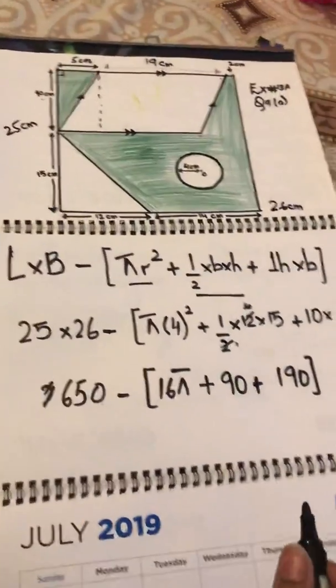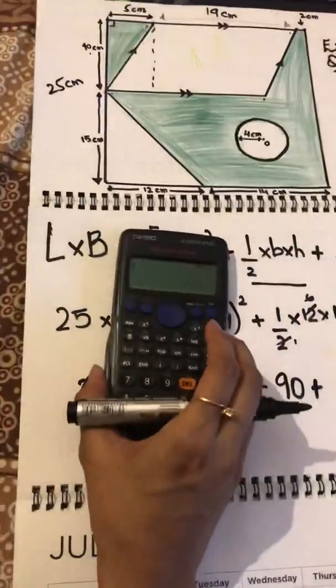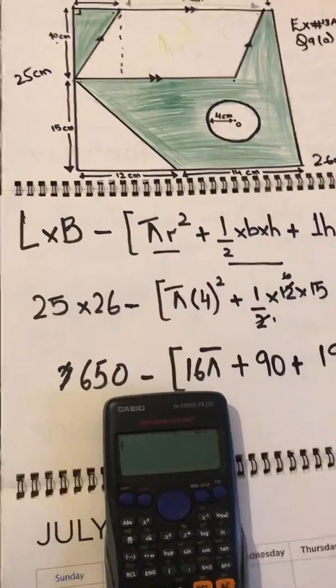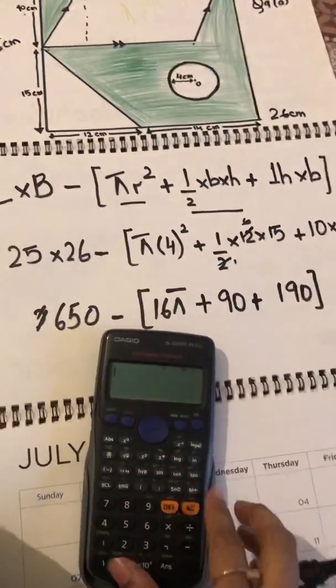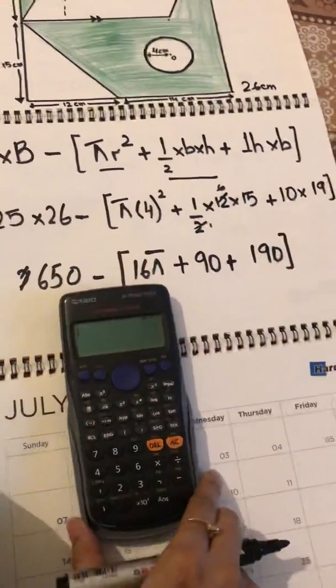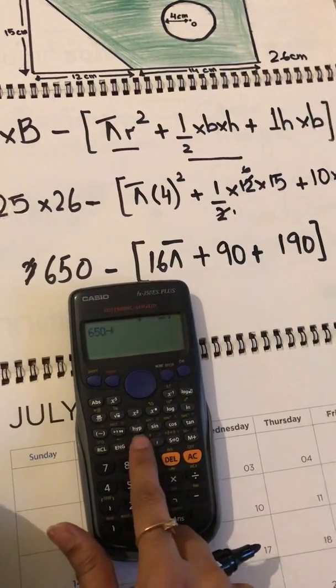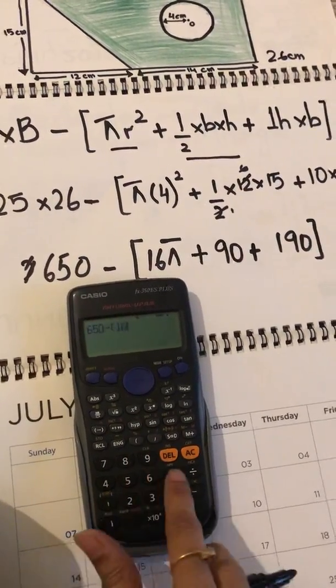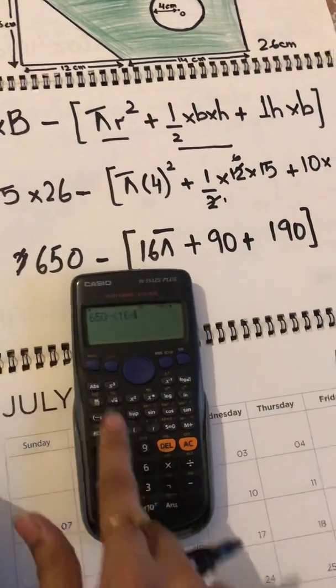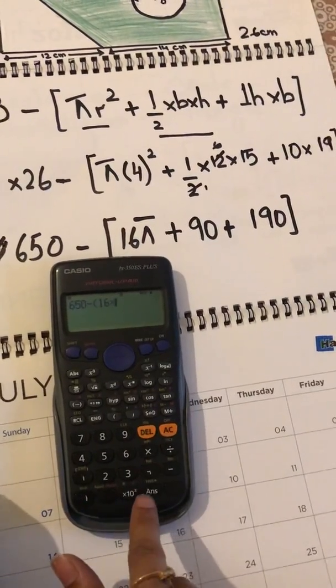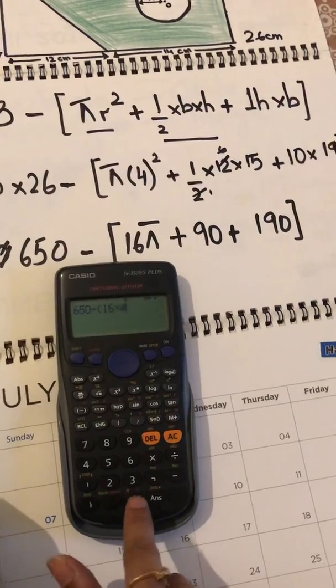Yes? Now class, you can directly insert this entire statement into the calculator. 650 minus 16 multiplied by, I'll press shift and my pi is over here, shift pi.